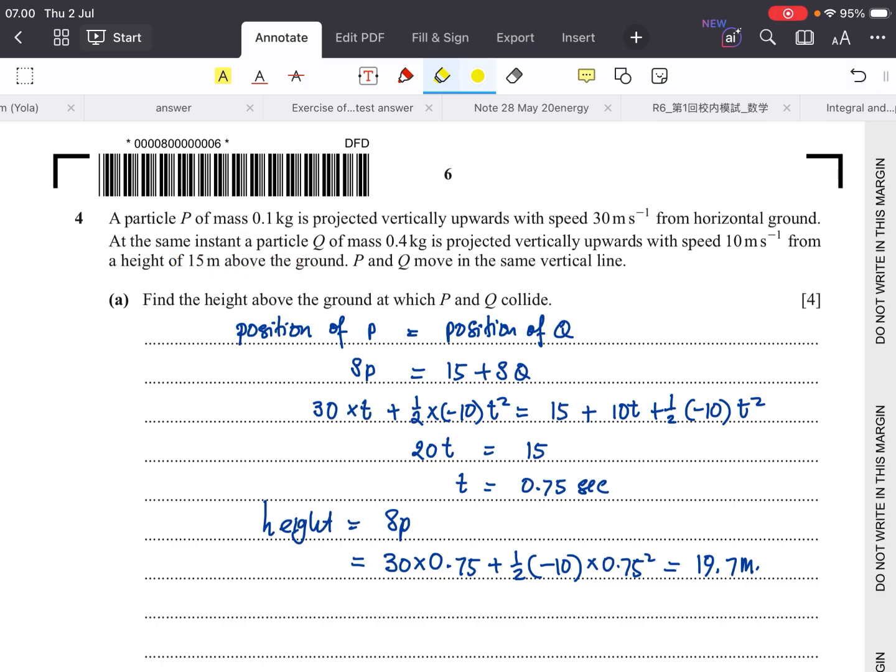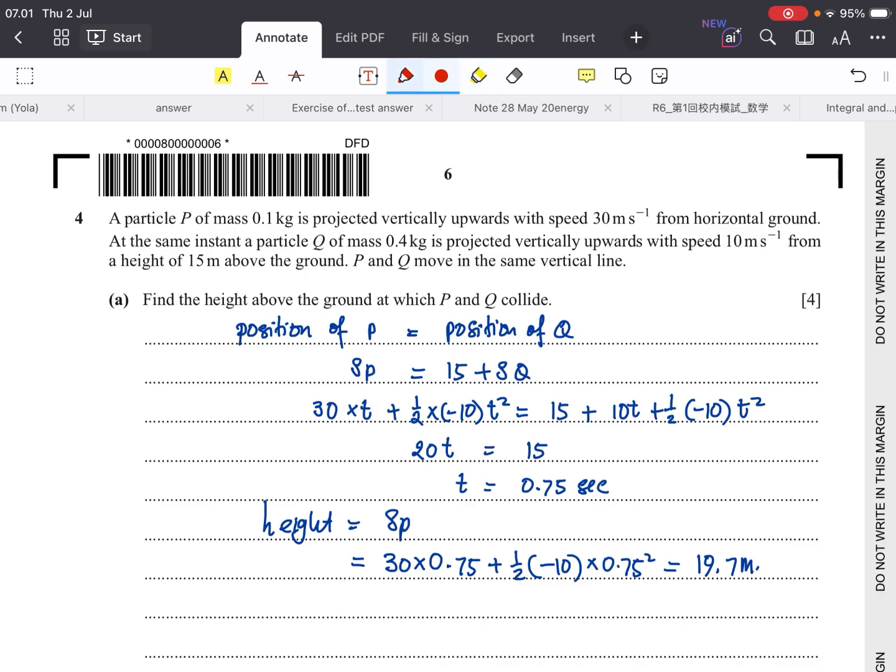So using formula S equals UT plus half AT square, the equation will be 30 times T plus half times the acceleration, negative 10, times T square is equal to 15 plus 10T plus half times negative 10 times T square.